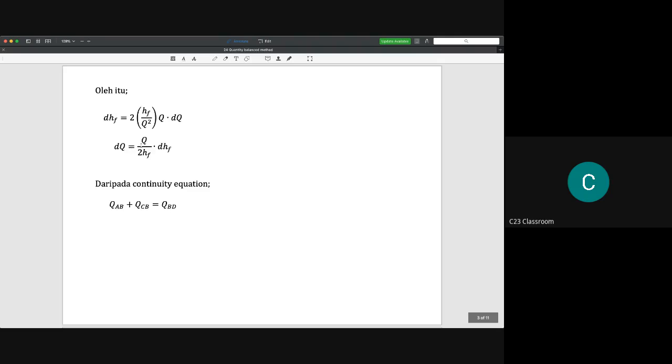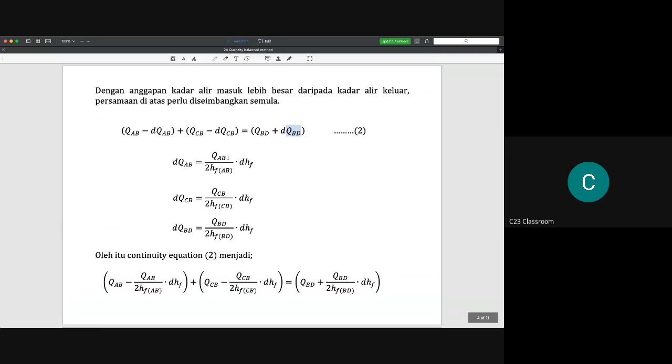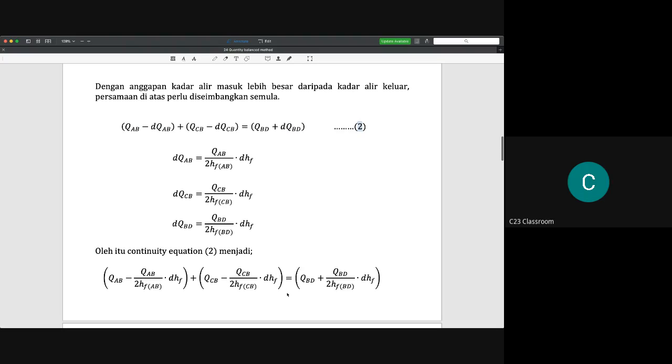So we have dQ equal Q over 2Hf times dHf. If the Q is AB, the Q here is also AB, and the losses are also for the AB pipe. So we have three delta Q here. We prepare the three items, and then we substitute in this equation number 2, and then we could simplify it as this one.